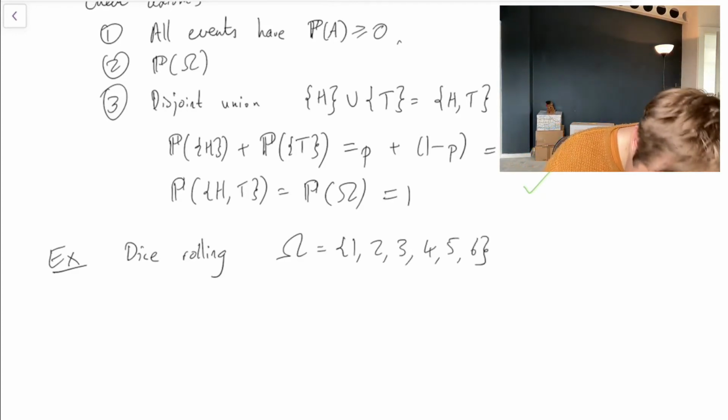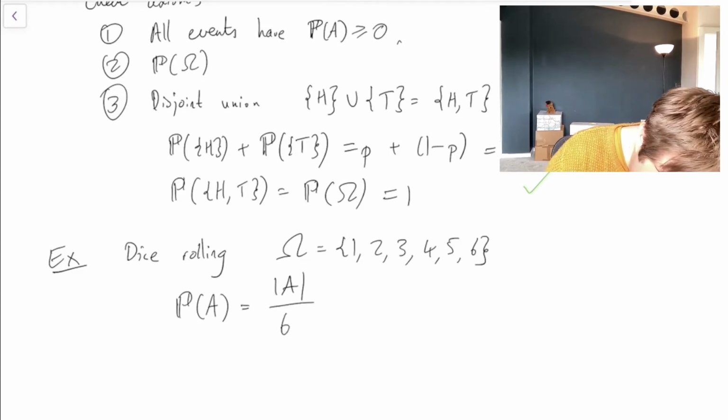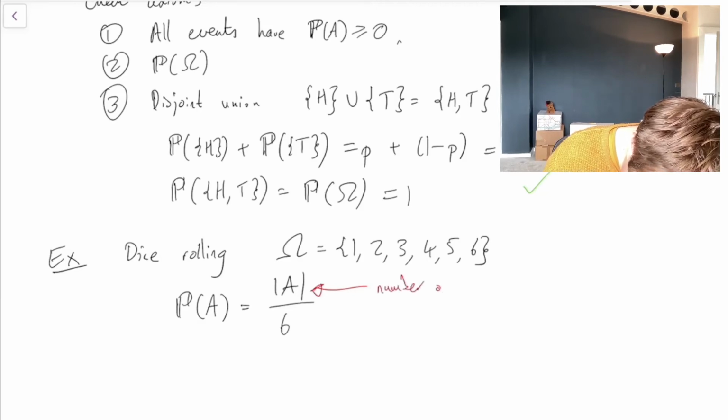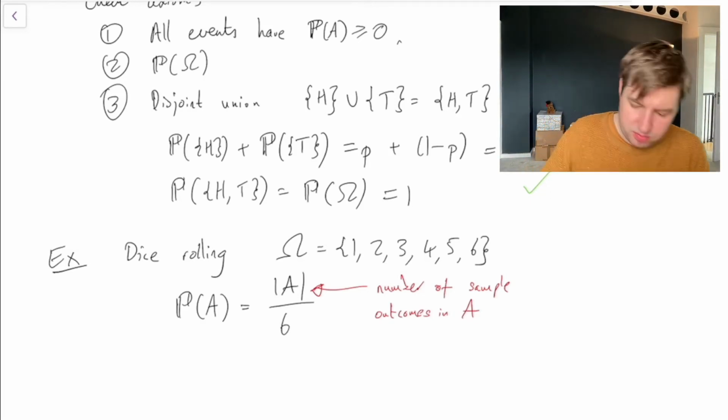And the probability measure here, I'm going to say is this: the size of A, with lines about it, over 6. And the A with lines about it, I mean the number of sample outcomes in A.